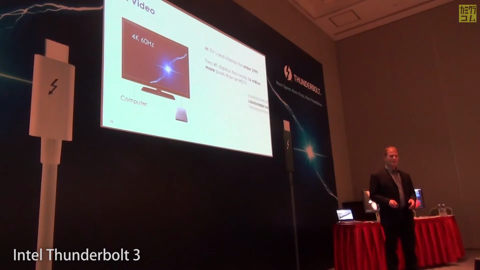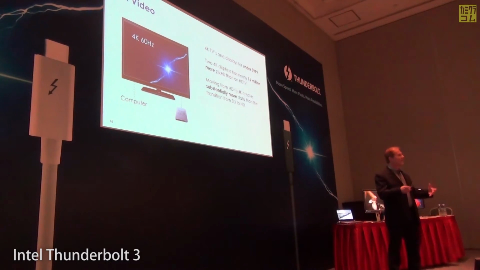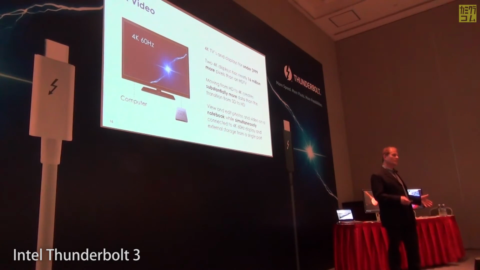A second example is moving a file or the content. HD to 4K is a huge jump, significantly bigger than SD to HD was. 4K is four times the amount of bits of HD. That's the big challenge, and that's why if you're doing anything with 4K video, you really need Thunderbolt. You need Thunderbolt 2. A lot of people are using Thunderbolt 2 today for that, and you're going to need Thunderbolt 3 as you go forward.